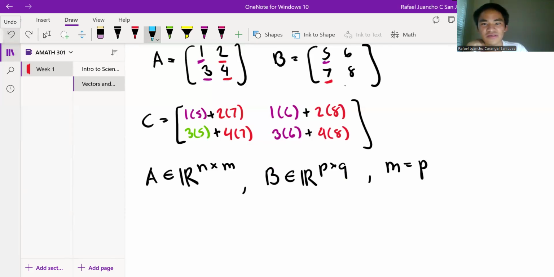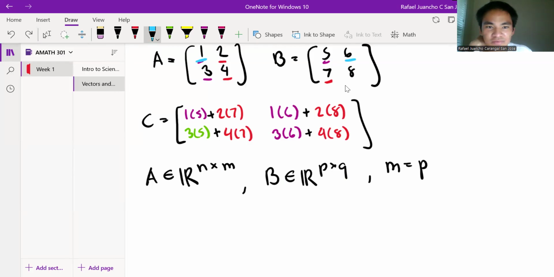Okay, that's pretty interesting. And then what if we move to the next column here? So look at that. Boom, boom, and then boom, boom. 1 times 6 plus 2 times 8. I actually can't tell the difference, but is M supposed to be equal to Q?